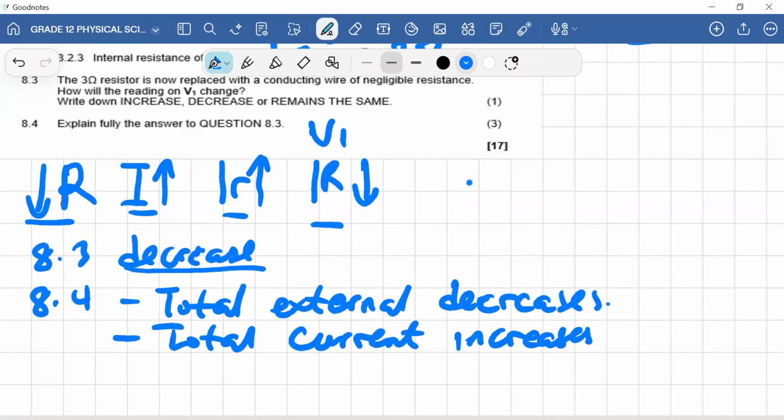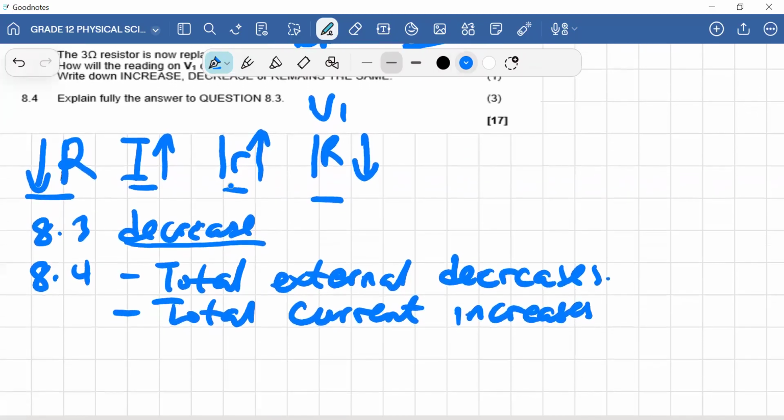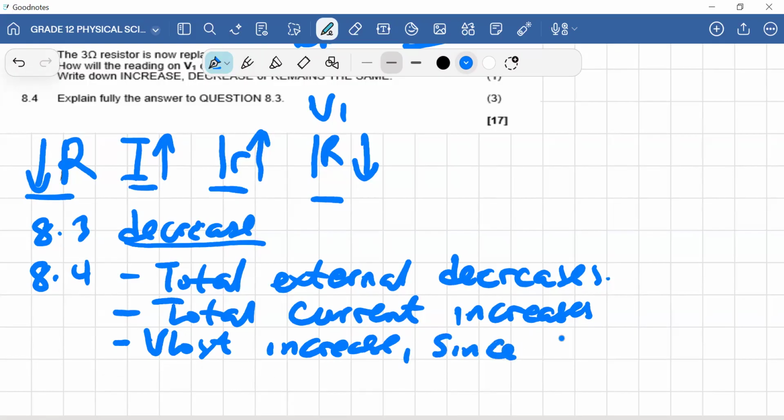So now the r, this r here, it's what? Constant. So the V internal, or the V lost, increases. And since the r is constant, the V lost increases.